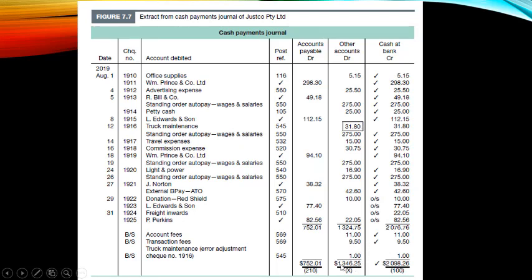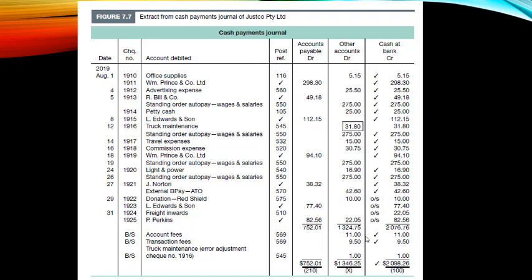We under-recorded this check. Supposedly for check number 1916 it should be $32.80, but we recorded it at $31.80. So we have to adjust, and this is the adjustment.